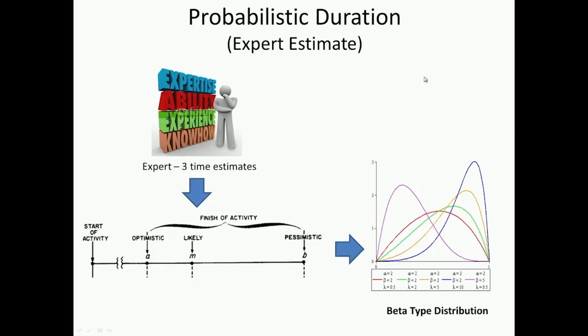I mean, I could use a triangular distribution here too, but again what we will find is that a beta distribution has been used to model this kind of expert estimate also.